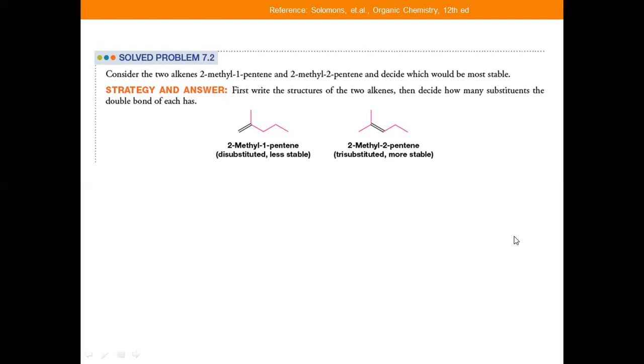The tri-substituted, of course. It's easy to see. So of course, if you are just given a name without a structure, you really need to write out the structure for you to see whether it's mono, di, or tri-substituted.